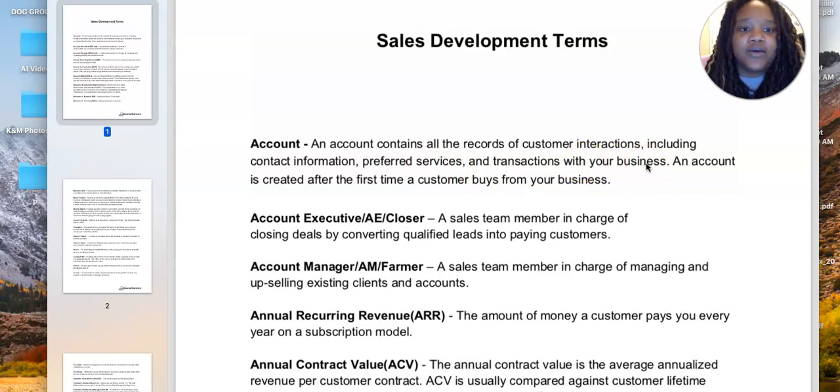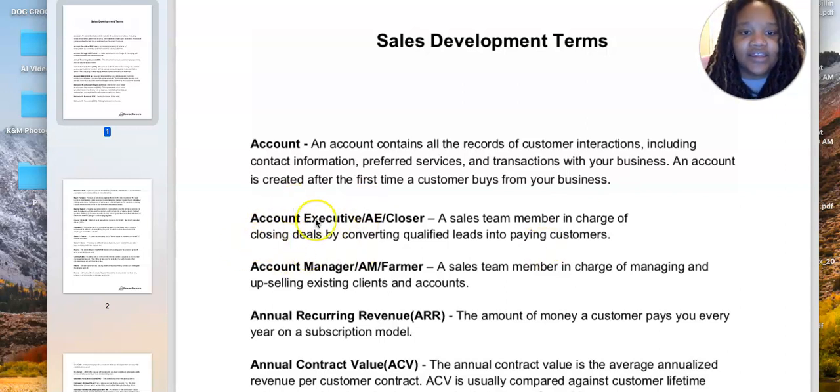An account is created after the first time a customer buys from your business. For example, if you open up an account with a bank, then they will have all your information, like your name, your email, your phone number, your address, and things like that. So that's what is called an account.